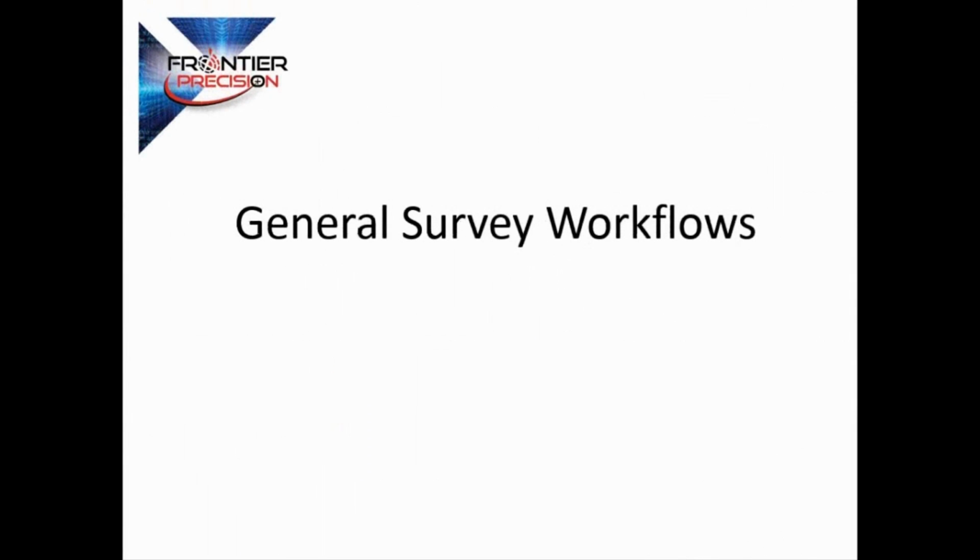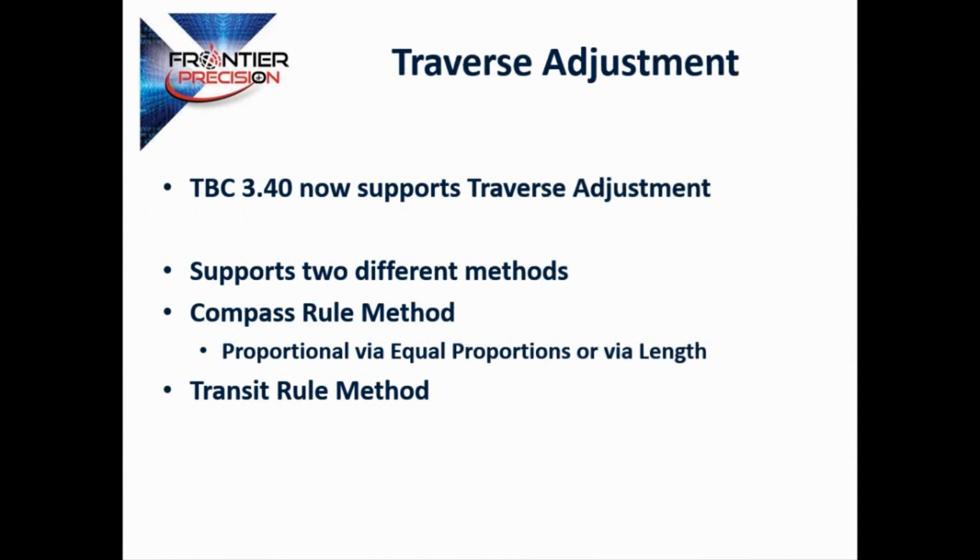The next topic we will visit is the general survey workflow. One of the big things that we put in 3.4 that a lot of people have been asking for is the traverse adjustment. Most of us are used to using the traverse adjustment in Trimble Access.